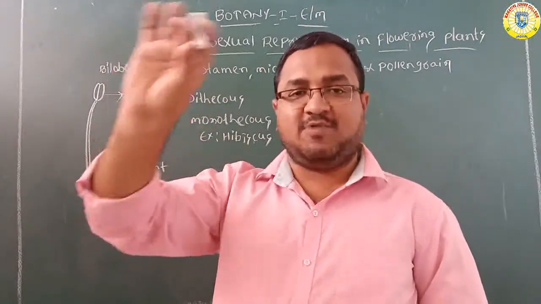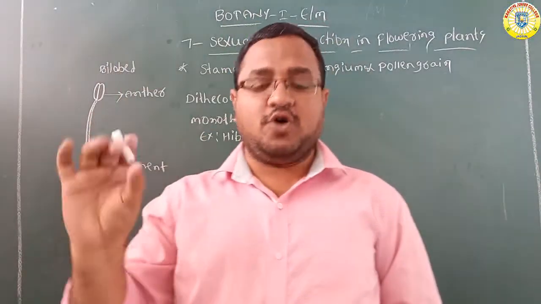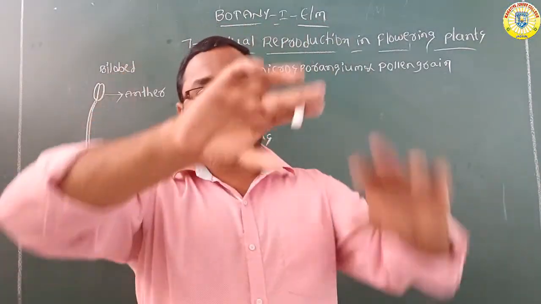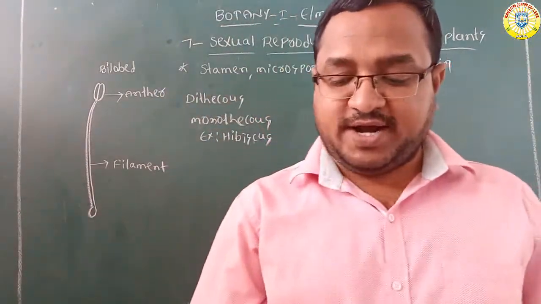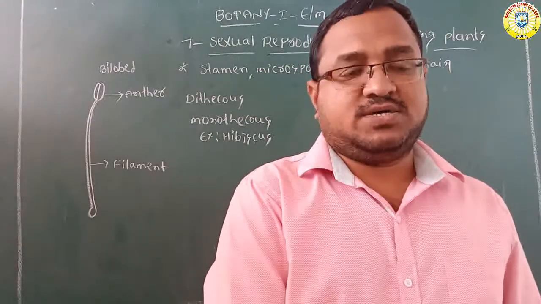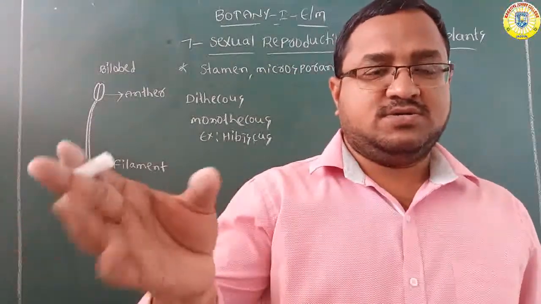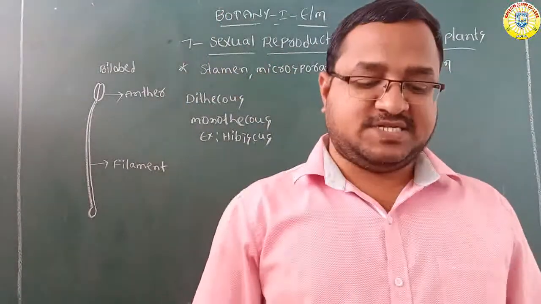On each side you can see one microsporangium located. So a total of four microsporangia are located at the four corners, and each lobe has two chambers, total four chambers.